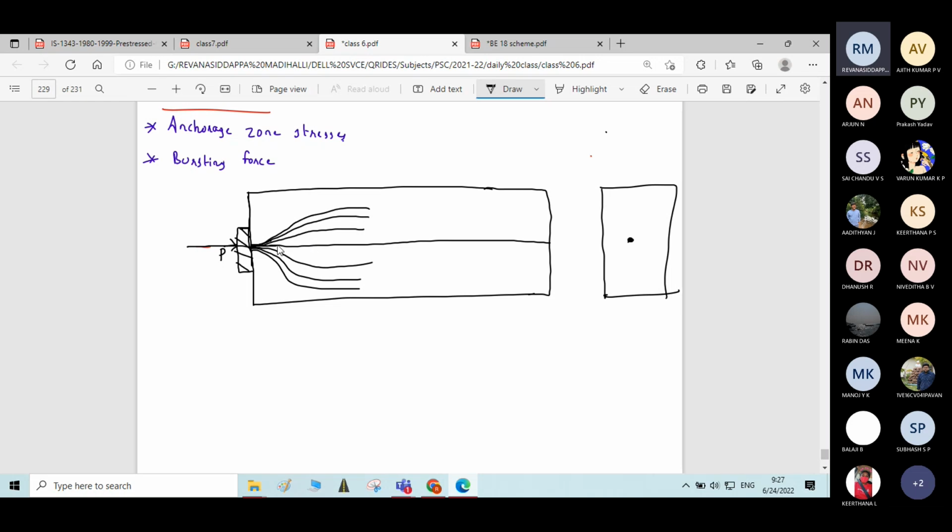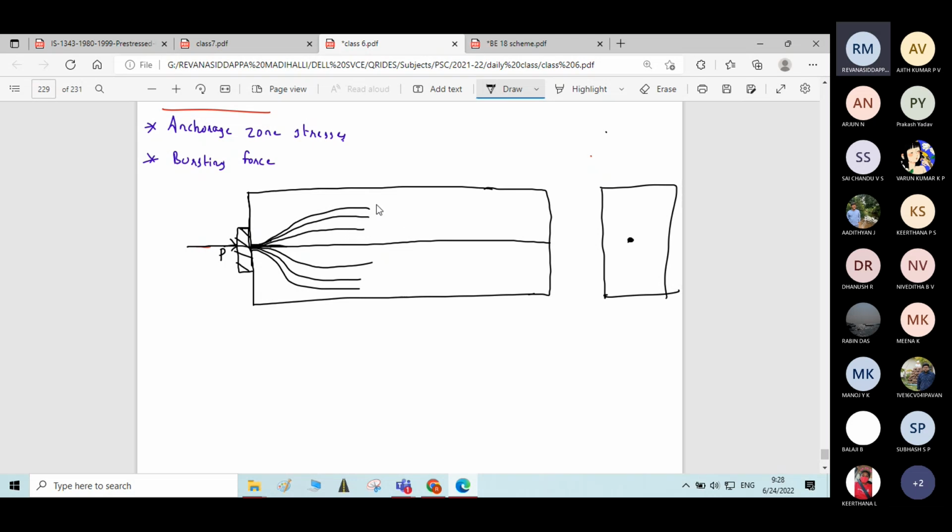This longitudinal stress distribution is due to the compressive force carried by the tendon. When it is stretched and anchored, the tendon will try to contract elastically, and because of that, longitudinal stresses are induced in the member.